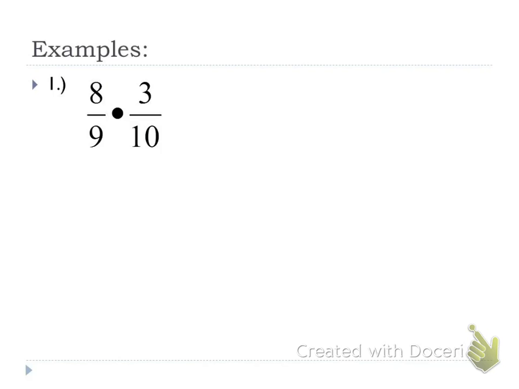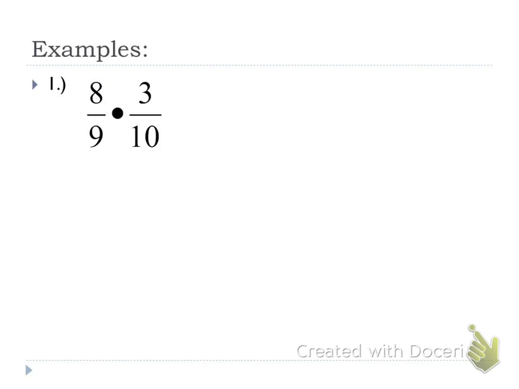Remember it said to reduce first to get smaller numbers. So we could just go ahead and multiply, but it's going to be better if we get used to reducing first. When we are multiplying fractions together, we could just look at each fraction, 8 over 9, 3 over 10.